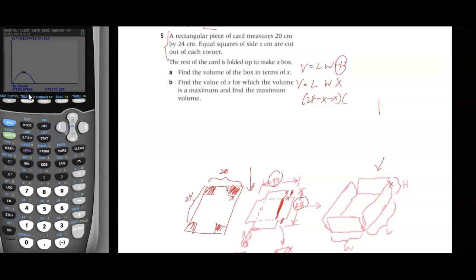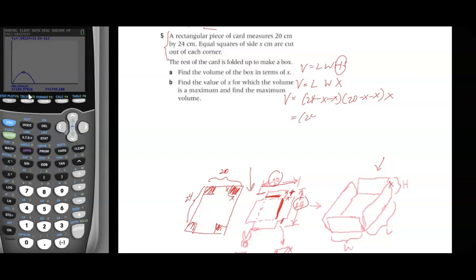The width of the box is like that, right? So that would be 20 minus x minus x. And that would be multiplied times x. So there's our equation. The volume is equal to 24 minus x times 20 minus x times x. Okay, so that's the volume of the box.